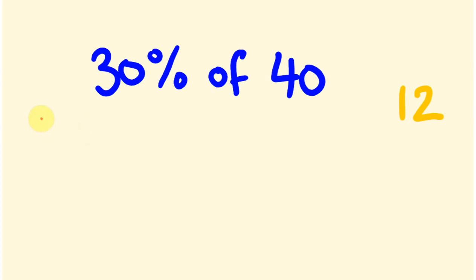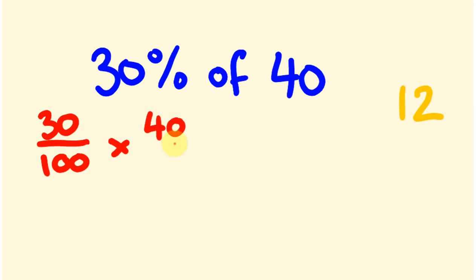Say 30 percent means 30 out of 100, times 40, which is 40 over 1. This is typically that setup they used to get you doing at school, maybe they're getting you doing now when you work out percentages. We can start cancelling zeros out because this means divided by 100.